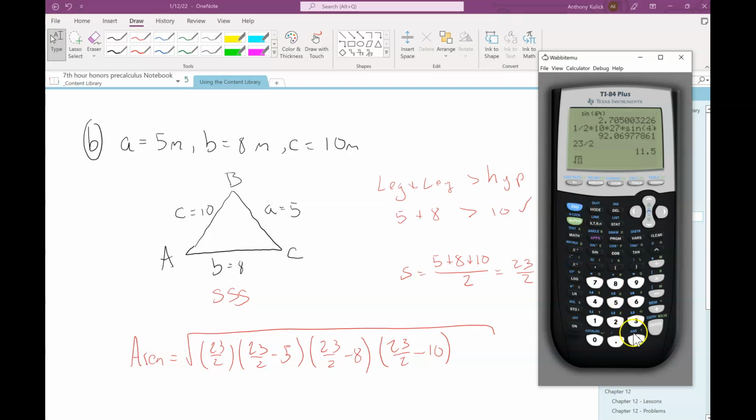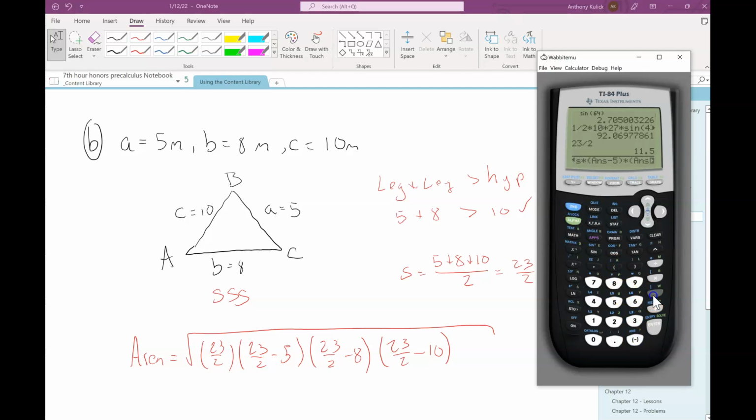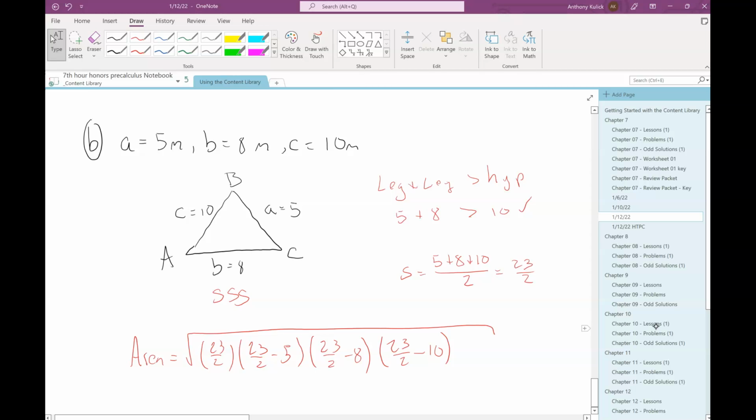So I'm going to do square root of answer times answer minus 5 times answer minus 8 times answer minus 10. So I get 19.81.